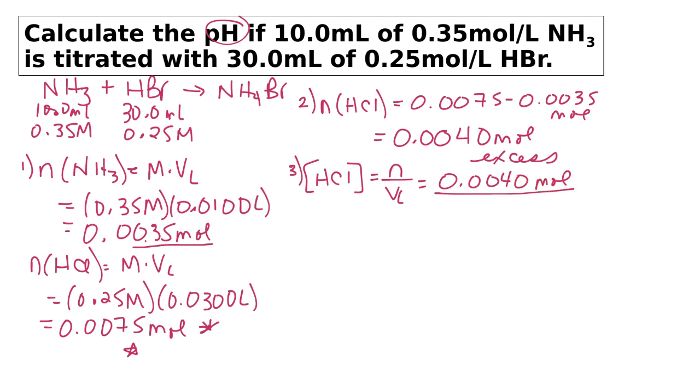And that volume, again, has to be a total. So we've just combined 10 mL of ammonia and 30 mL of HBr. So my new volume is 0.040 liters, or 40 mL. When I divide that out, it's an easy calculation. I end up with a molar concentration of 0.1 moles per liter.